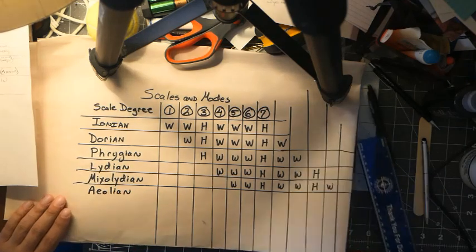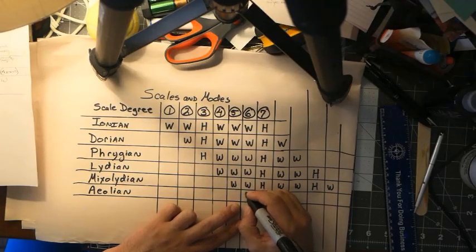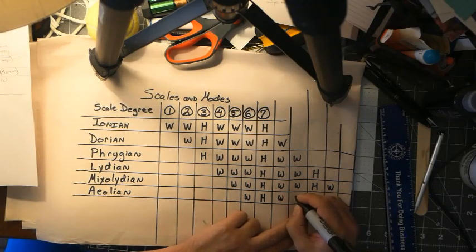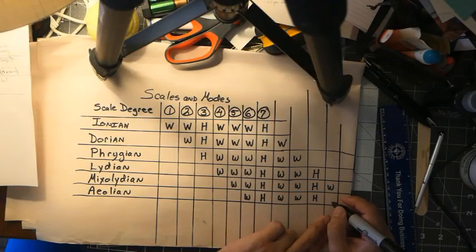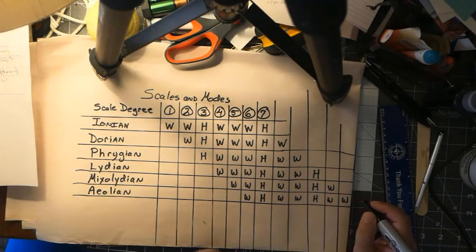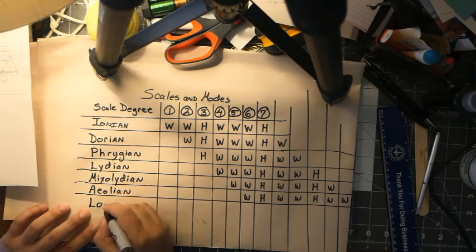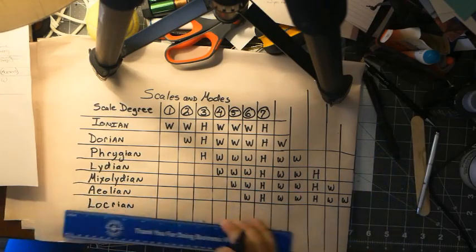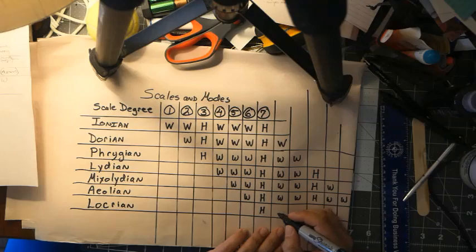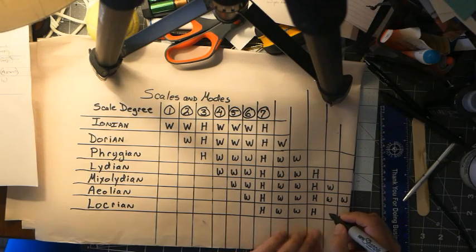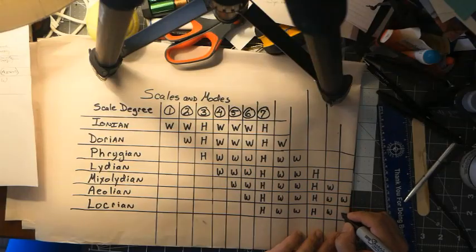And next is the Aeolian mode. And finally we have the Locrian mode. With the pattern continuing.